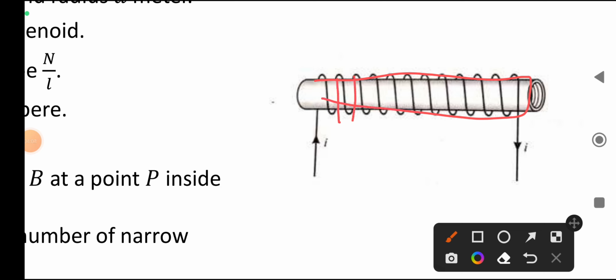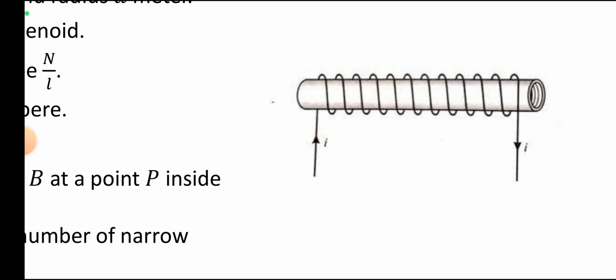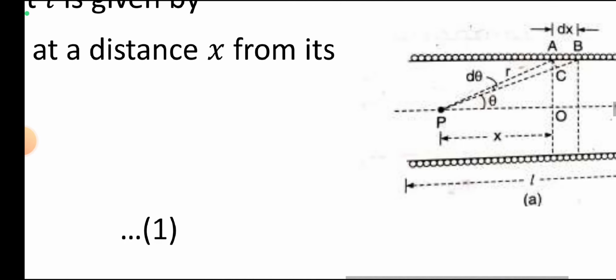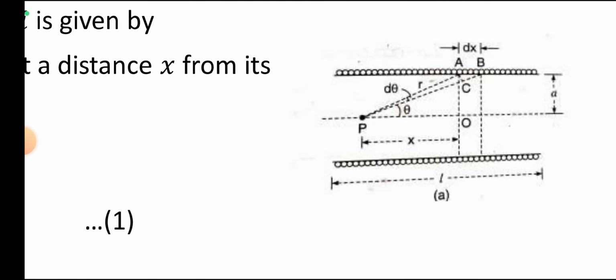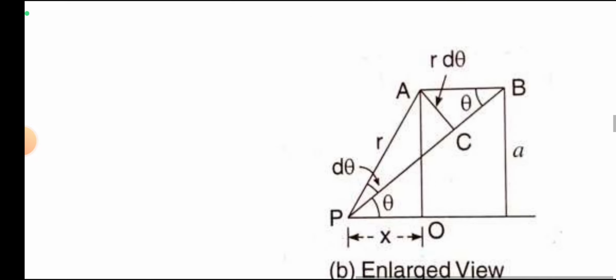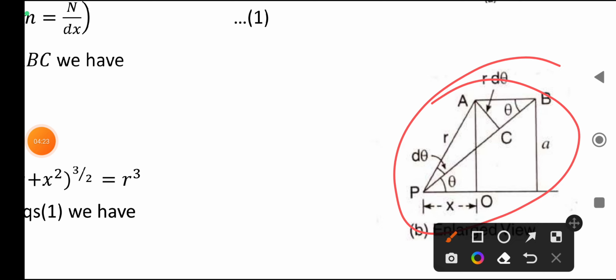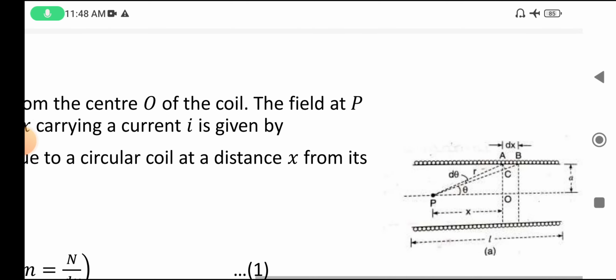We divide it into small pieces. Among them one such piece is taken outside. So like this, just now I have shown you like a parallel line. Once again, see here.